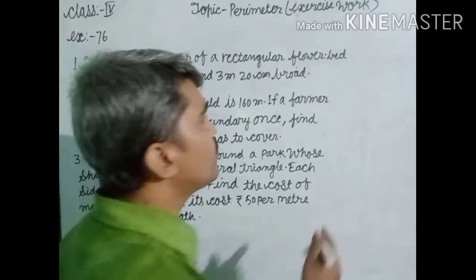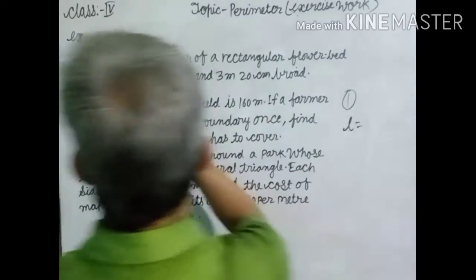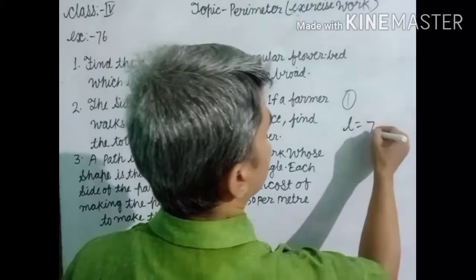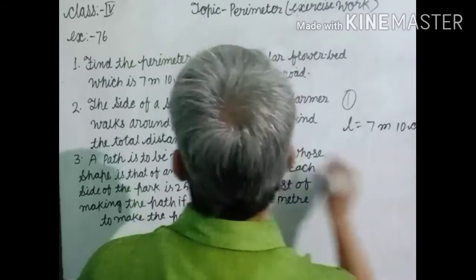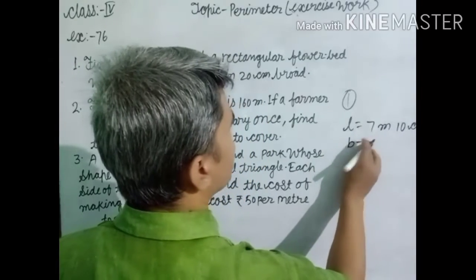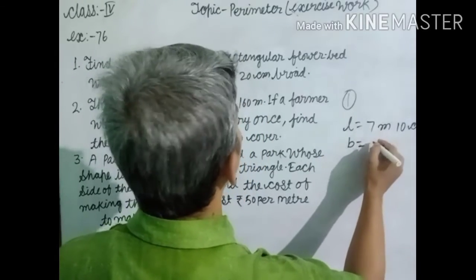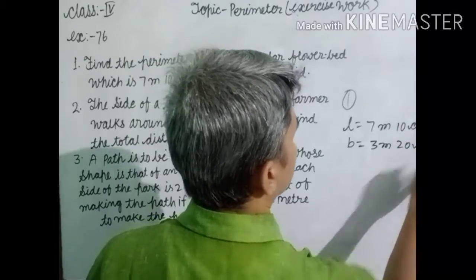So first of all, you write down for the first question: length is equal to 7 meters 10 centimeters, and breadth, B for broad, is equal to 3 meters and 20 centimeters.